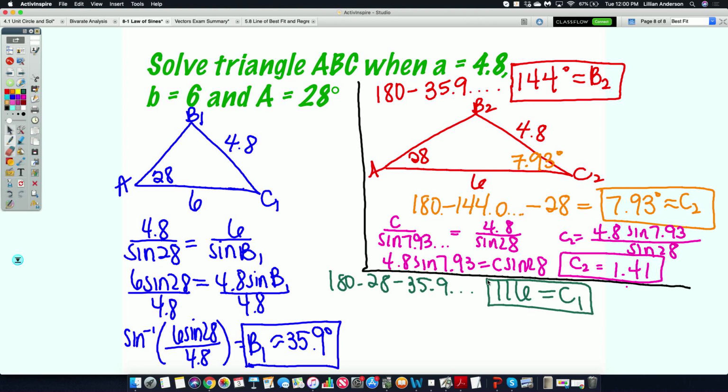Then I would set it up like before to find side C. Remember, anytime we have to use an answer that we found, we use the non-rounded answer. So then that way our numbers can be as exact as possible.